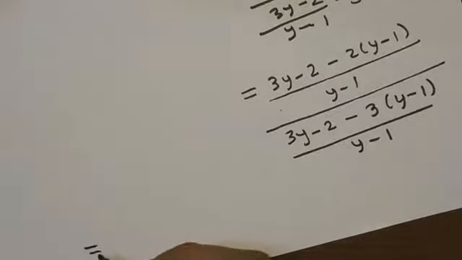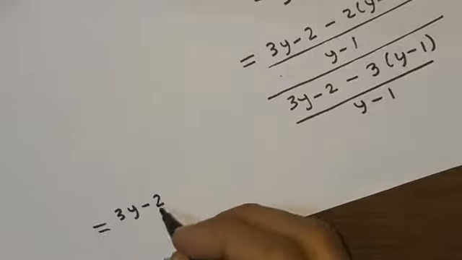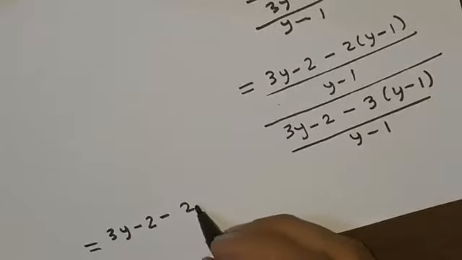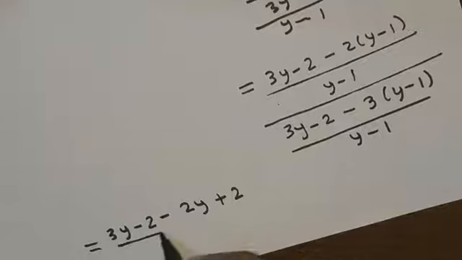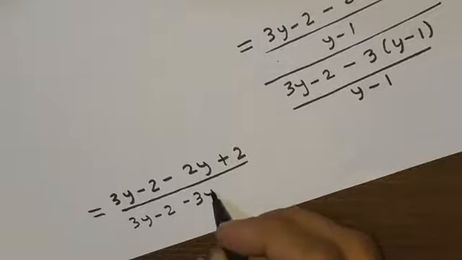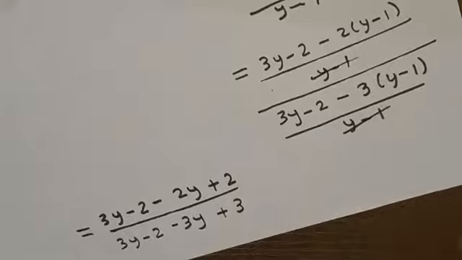So that will be equal to (3y minus 2 minus 2y plus 2) divided by (3y minus 2 minus 3y plus 3), because the (y minus 1) terms get cancelled.